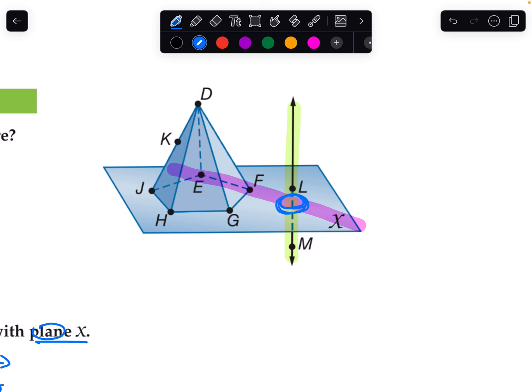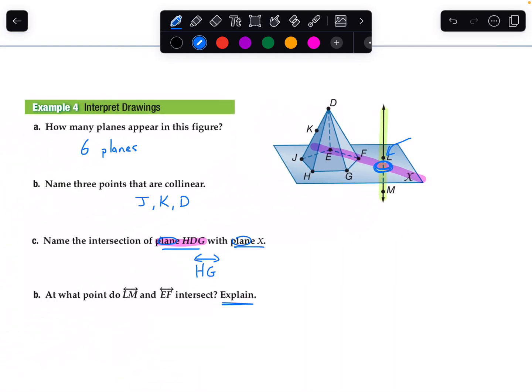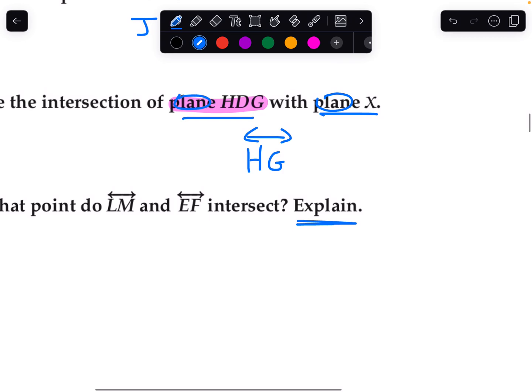That point, however, is not named. It's close to point L, but it is not quite at point L. That is far enough away that we can't say, oh, maybe, it's just sloppy, maybe we could fudge it. No way. So there is no named point of intersection here. So we will have to specify that as our answer.